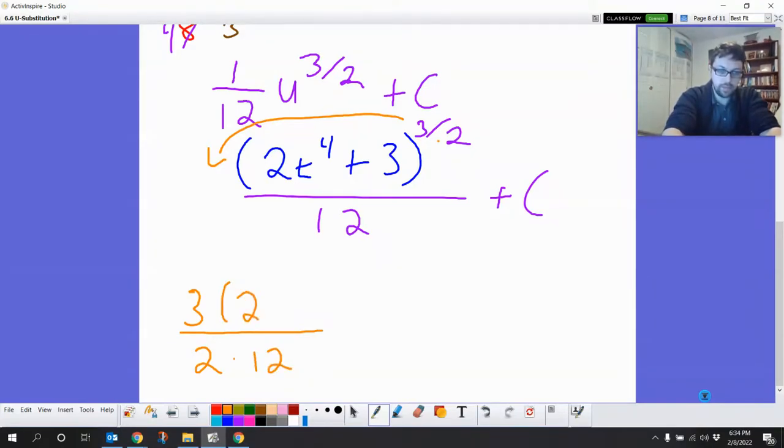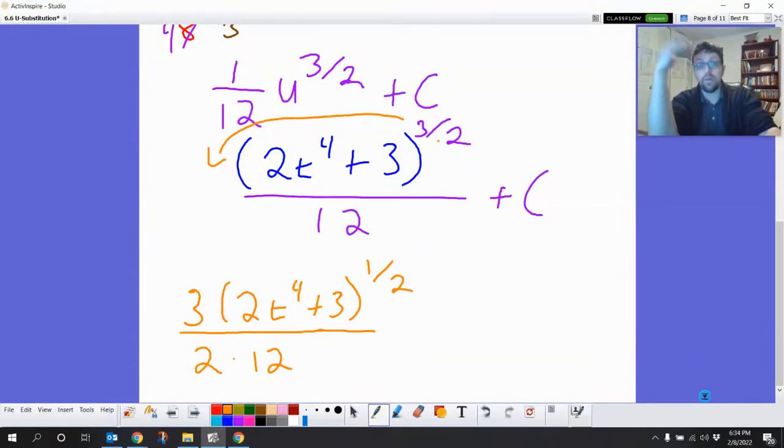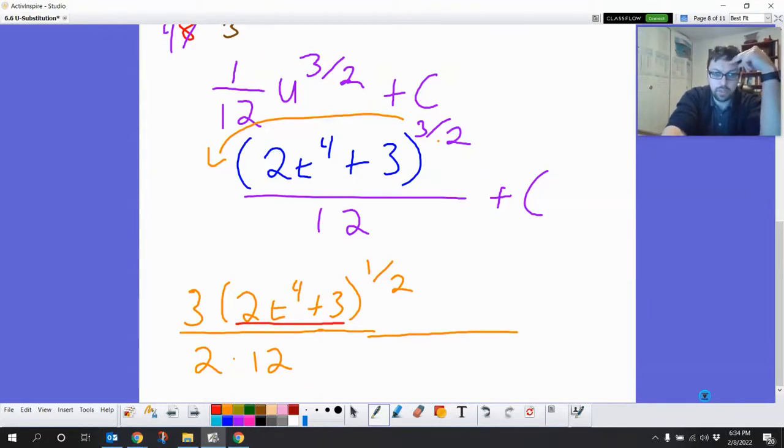Then we've got our 2t to the 4th plus 3. Subtract 1 from our exponent, that's 1/2. The derivative of c is going to be 0. Oh, and I jumped the gun again. I want to figure out the derivative of our inside. So the derivative of this inside piece, because I've got a chain rule, is 8t to the 3rd.